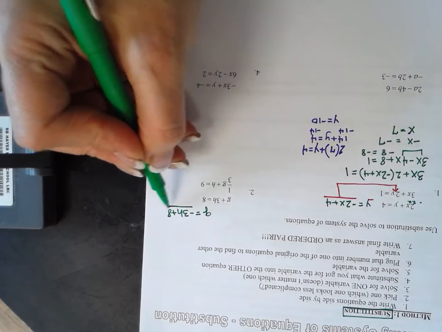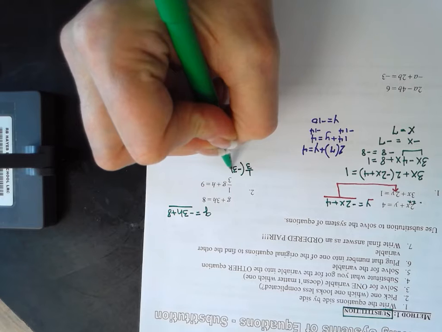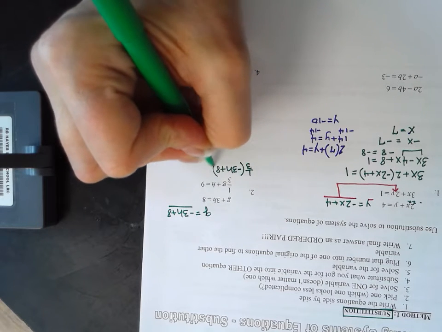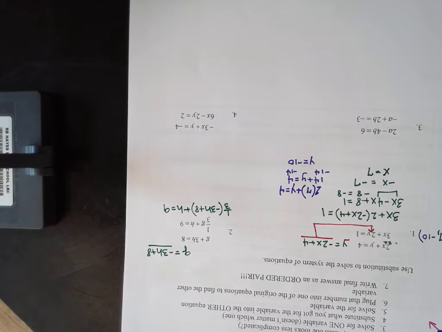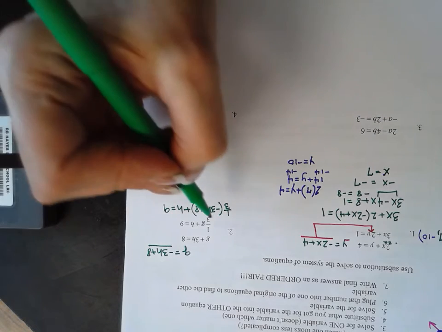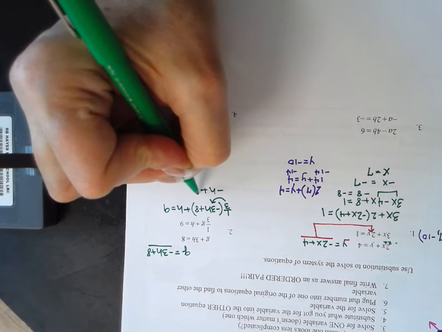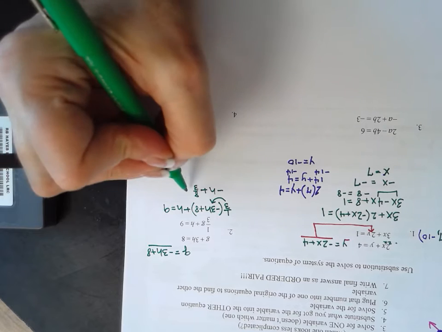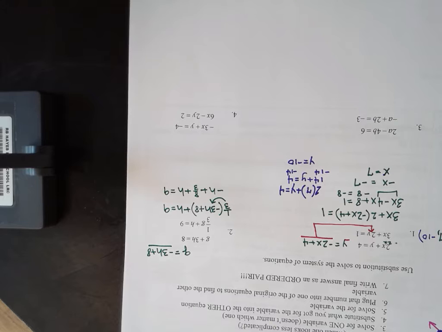Then I will substitute it in, so 1/3 of negative 3h plus 8, plus h equals 9. Now, when I distribute, I'm going to get a negative h plus 8/3 plus h equals 9. Good so far?